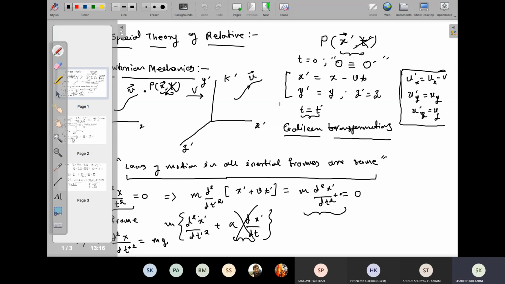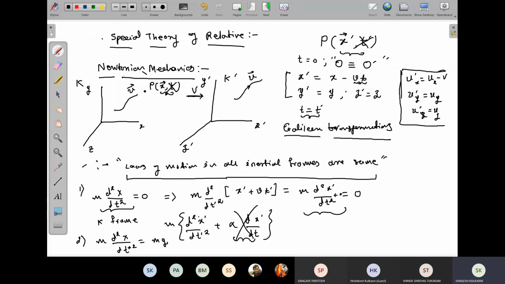The relative velocity v is fixed once and for all.